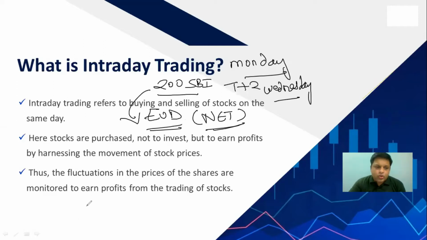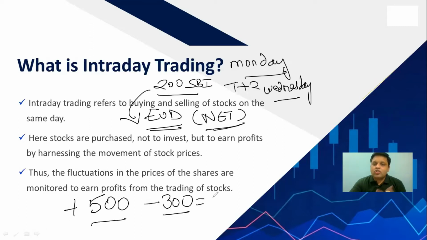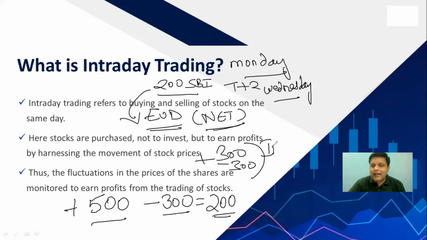Suppose you have bought 500 shares in the morning, and by the closing of the day you have sold 300 stocks. What is the net stock you are left with? 200. So what happened to these 300 stocks? These 300 stocks bought and 300 stocks sold are considered as intraday.